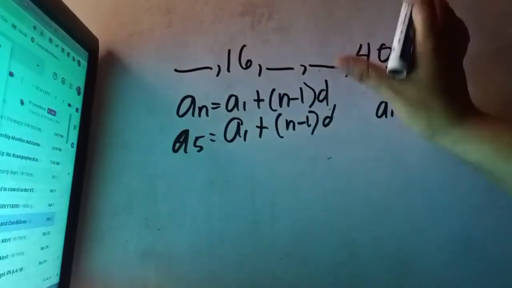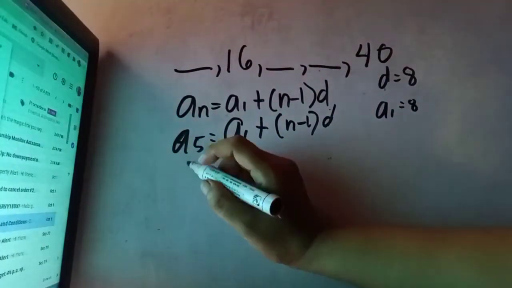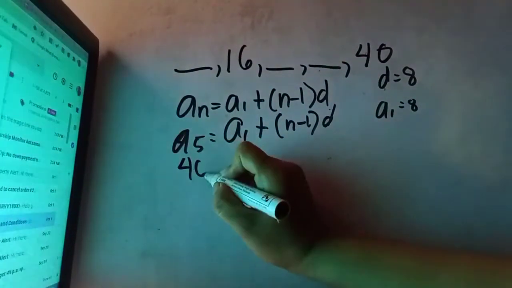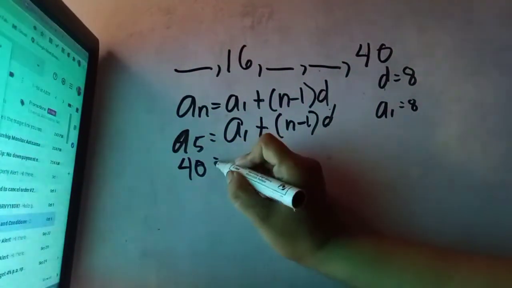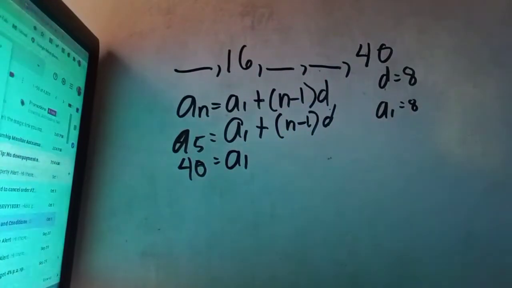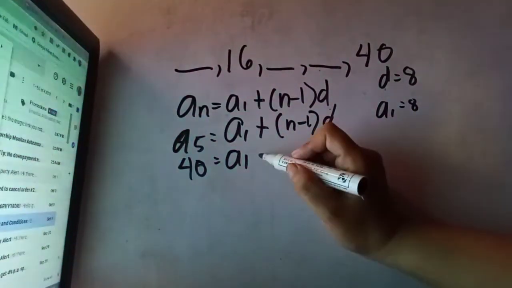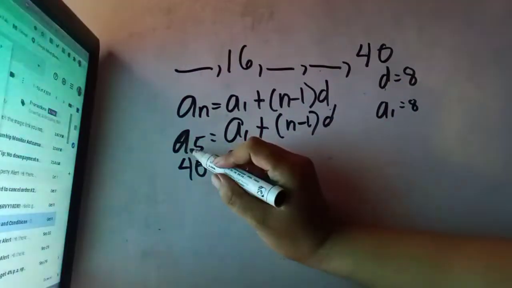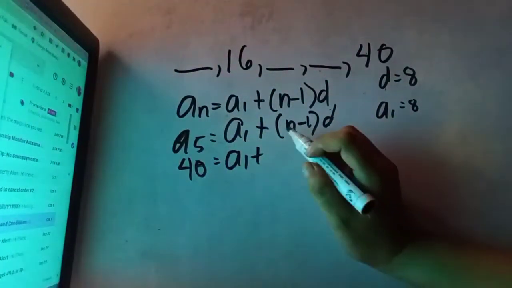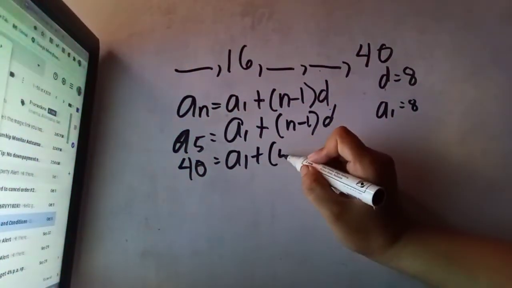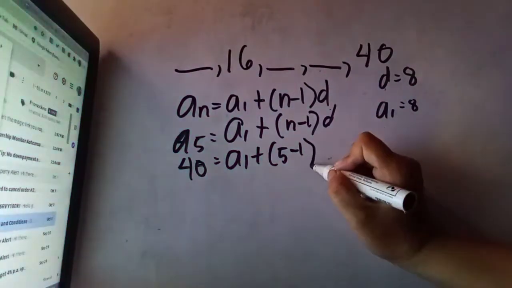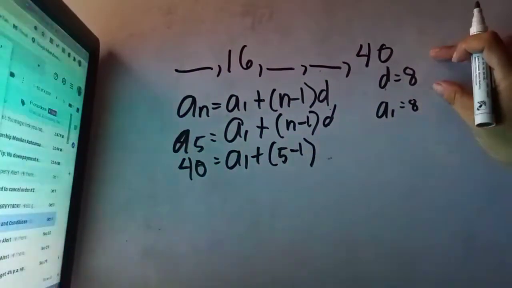So, substitute natin. A sub 5 ay 40. Ang A sub 1 ay unknown. Kunyari, hindi pa natin siya alam. And then, N. A sub 5 is, ang ating N ay 5. So, 5 minus 1. So, ang ating D ay 8.